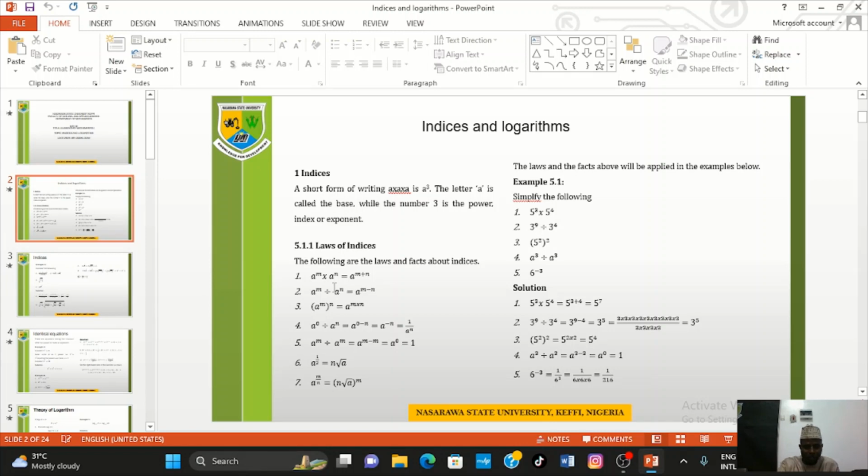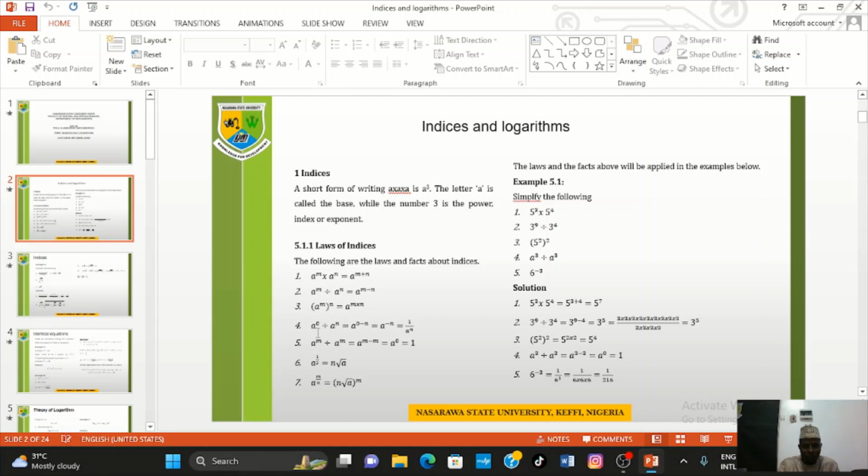Meaning the power m multiplies the power n outside. When you open the bracket, the powers multiply to give a raised to the power of mn.